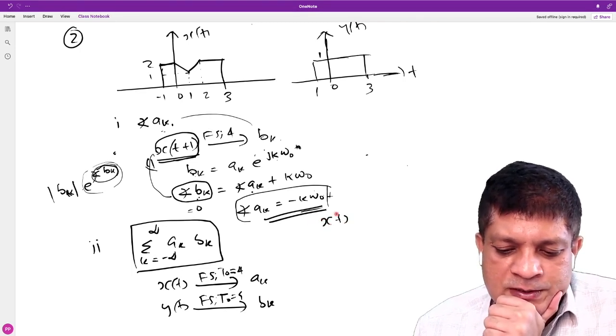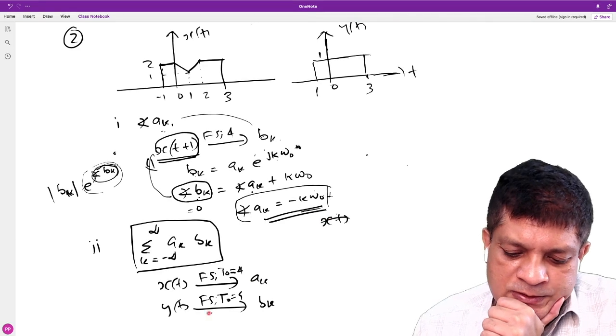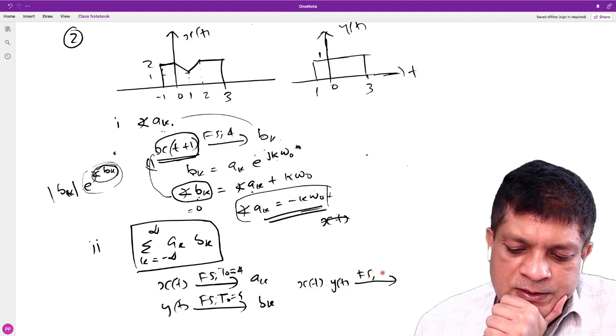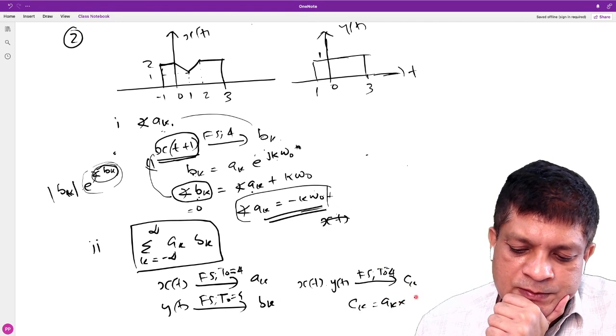What is the convolution property? If x(t) has Fourier series coefficients like this, what is the Fourier series coefficient of x(t) convolved with y(t)? I am writing it as ck. So what is the relation between ck and ak, bk? ck is ak convolution bk.